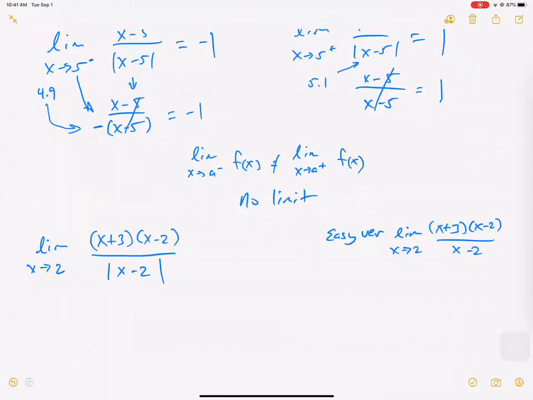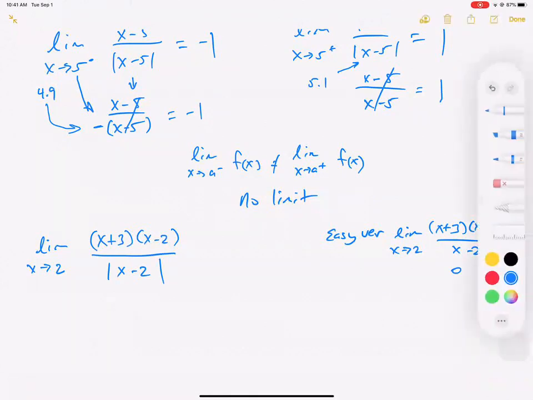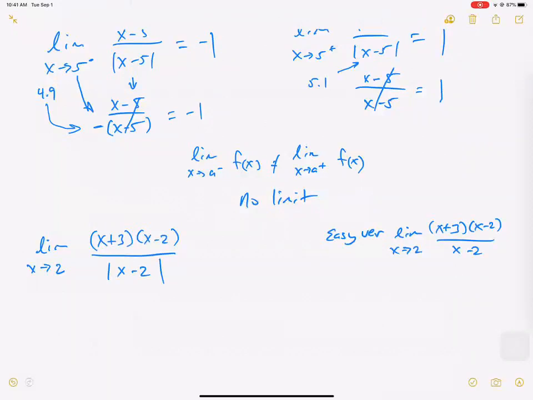For this easy version, I want you to think about it. What should be the first thing I try doing? I should just try plugging in x. And we realize that's 0 over 0. Fail. We have a special term for that. That would be indeterminate. Indeterminate means keep on going. Find another way.